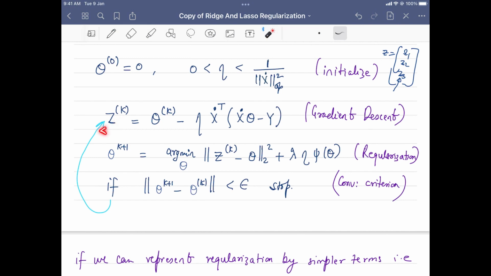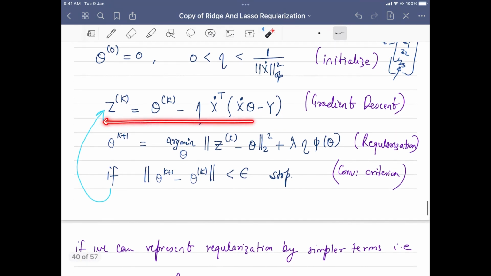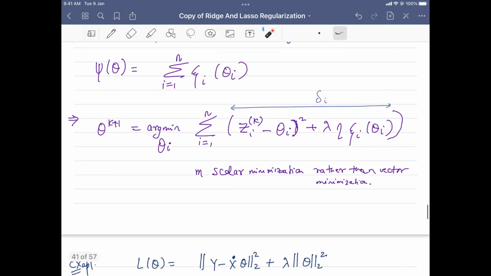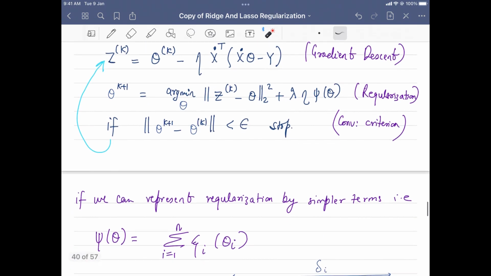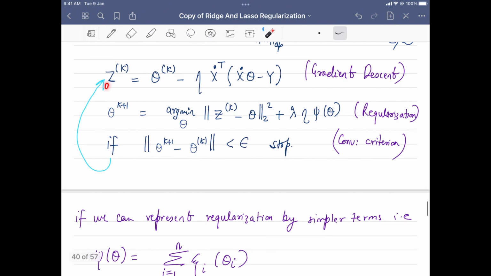So I am writing this component wise, because I want to individually check the components of the vector, not the complete vector itself. This is a complete vector and I want to check the individual components of it. Sorry, not for this one, for this one.